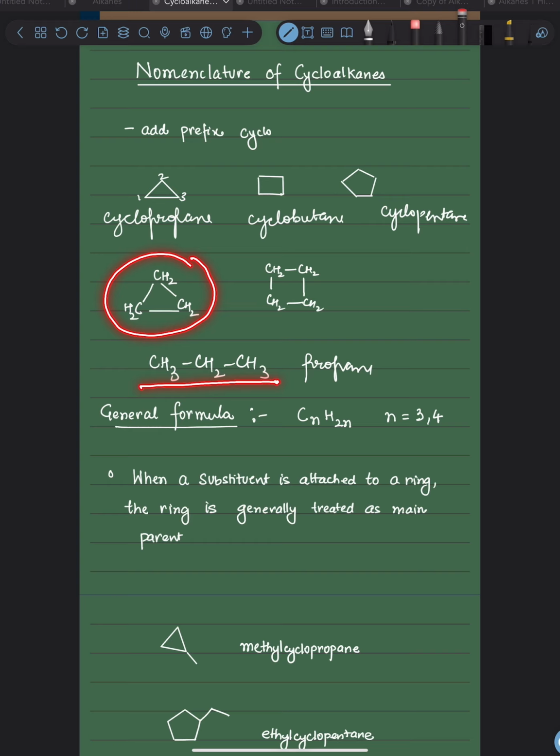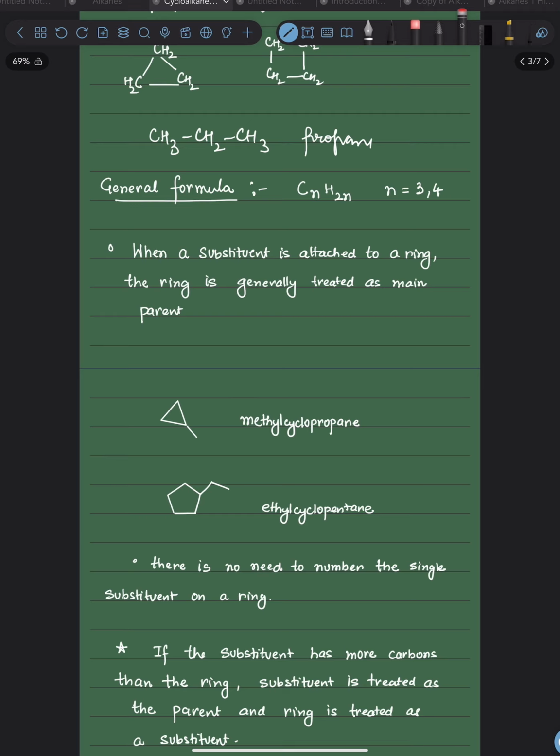Now, when a substituent is attached to a ring, the ring is generally treated as the main parent and the substituent is treated as the branch. So here, this ring is 3-membered, so it is cyclopropane. And what is the substituent? It is just methyl. So we will say methylcyclopropane, right? In this case, we have 5 carbons, so cyclopentane.